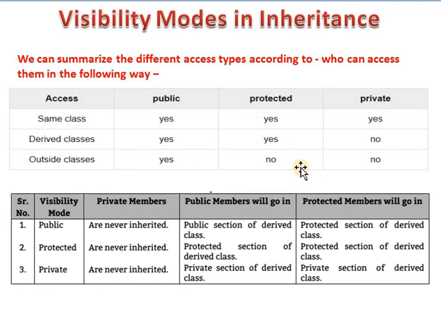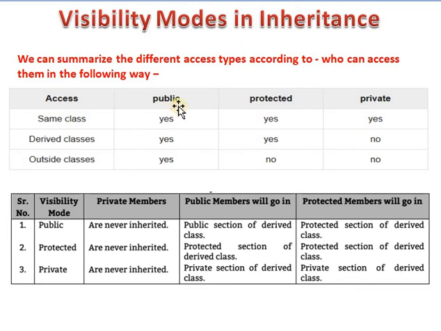Then we can summarize the different access types according to who can access them in the following way. This is the summary of the access specifiers in inheritance.